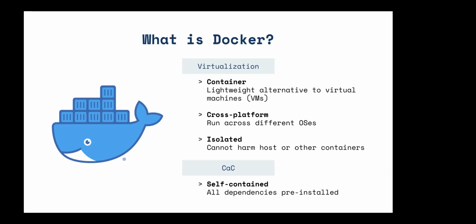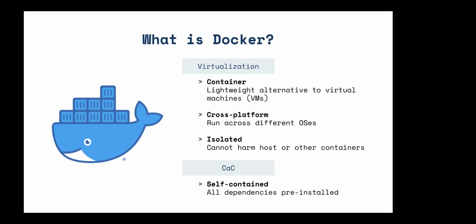So basically a process inside a virtual machine is running on top of a virtual operating system, on top of a hypervisor, on top of your host operating system. With a container, the virtualization is achieved using cgroups and namespaces. And so a process that runs as a container is just another process on your host operating system. So that's much more efficient.